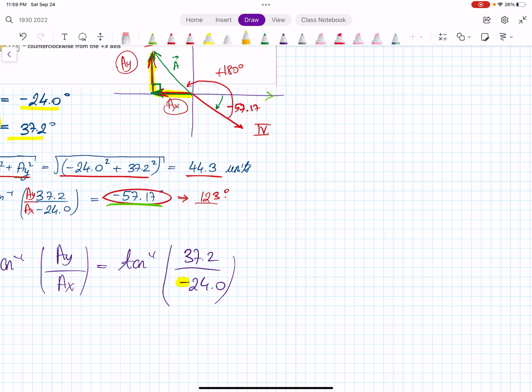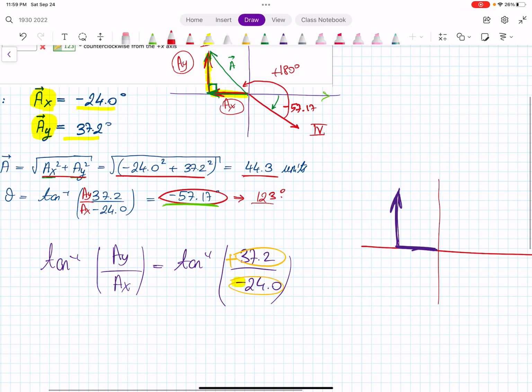Your negative value is in the x direction. The y component is positive. However, the horizontal component is negative. Everyone sketch. Your horizontal component is negative. However, the vertical component is positive. You are inside the parentheses.